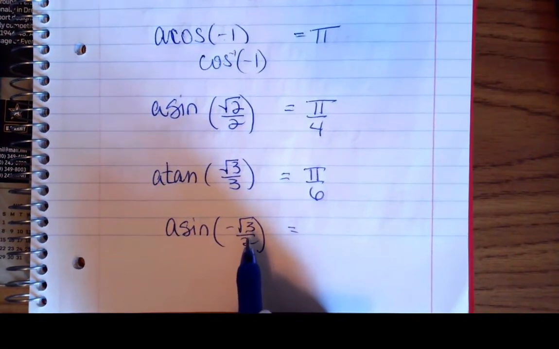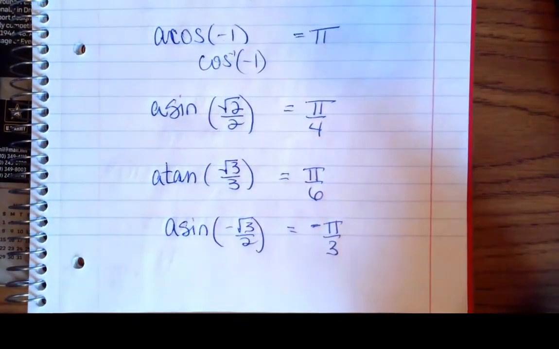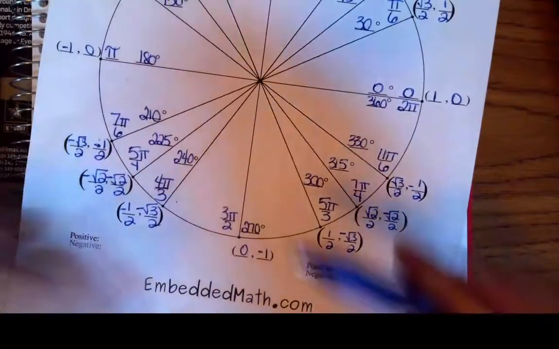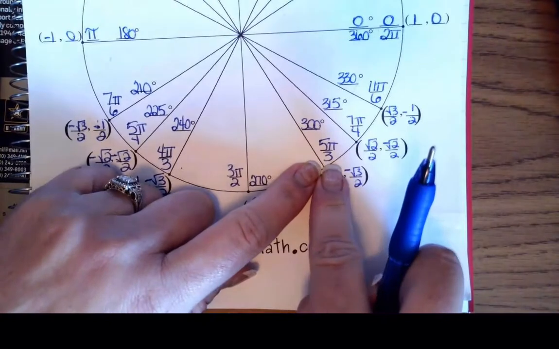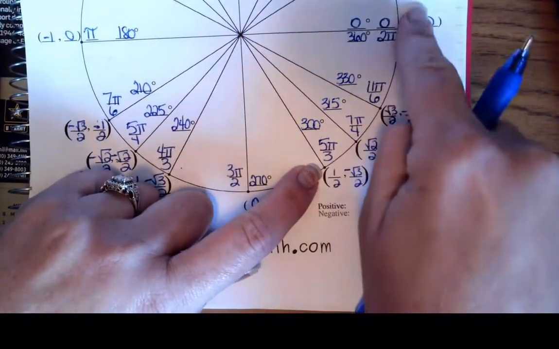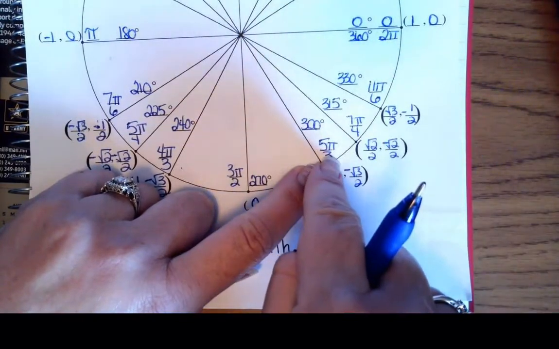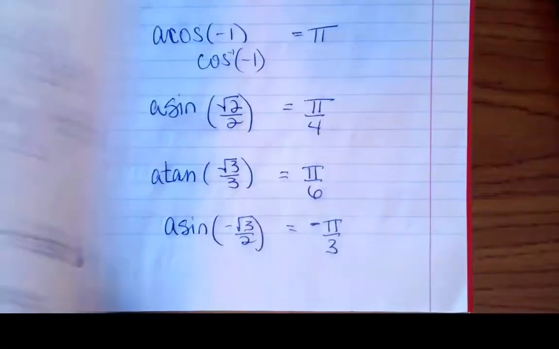So where does sine have a ratio of negative √3/2? That's going to be at -pi/3. So if I swoop down a pi/3, because 5 pi/3 plus 1 pi/3, that's the missing part, I'll end up with a y-coordinate of negative √3/2.